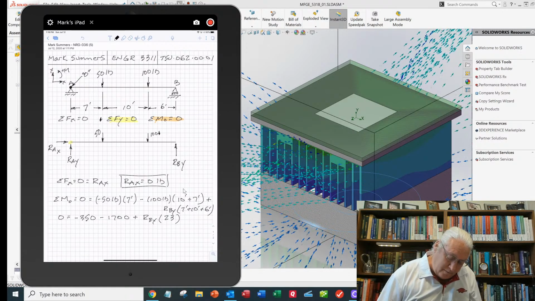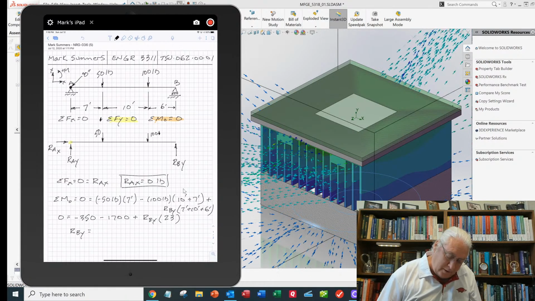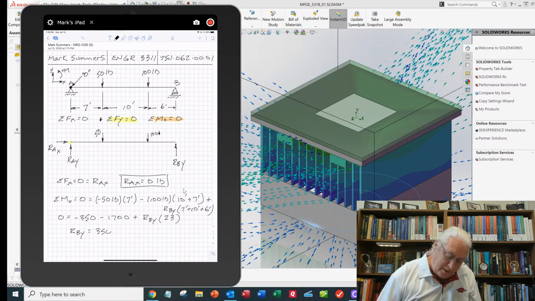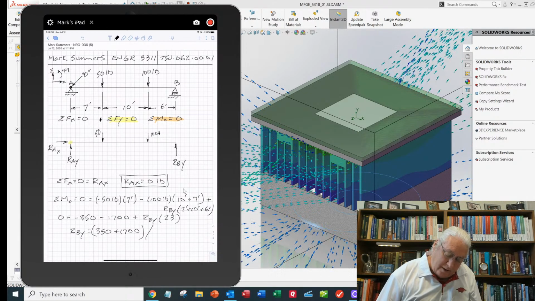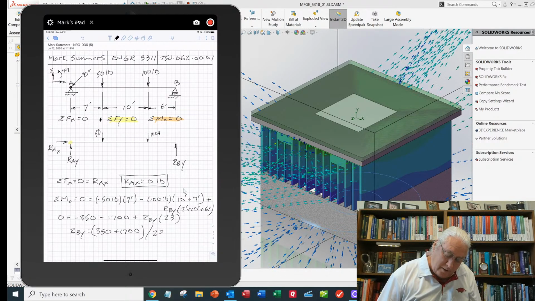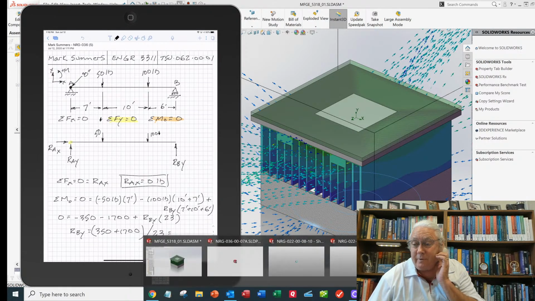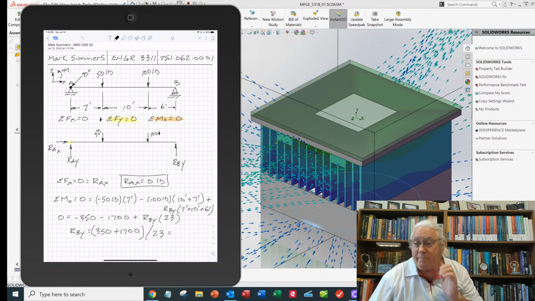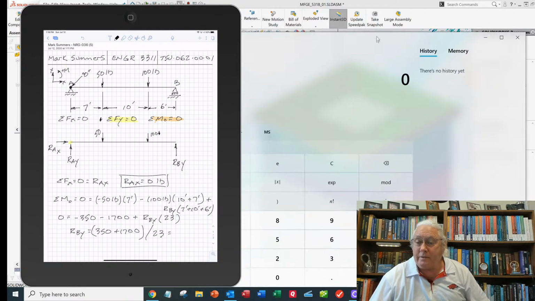And I can do some high school algebra. RBY, put these on the other side, it'll be plus 350 plus 1700, all of that divided by 23. And if I do some calculation here, I'll see what kind of answer I get.